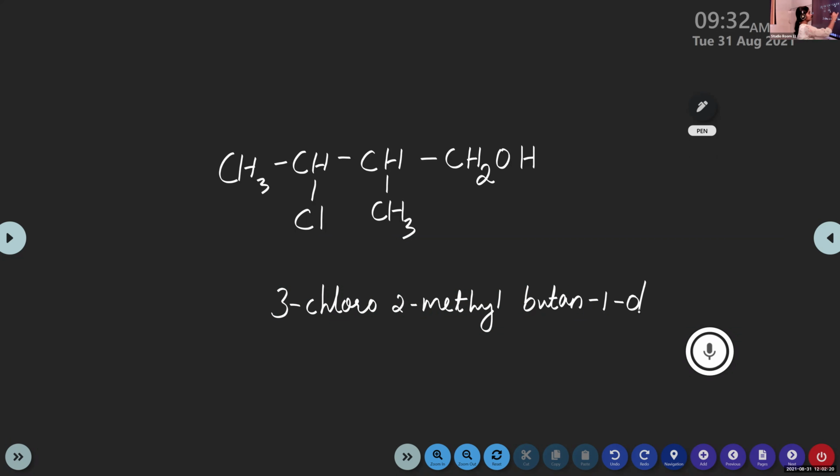We will only remove the e from butane. Instead of e, we will write ol. 3-chloro, 2-methyl, butan-1-ol. We just started numbering from here.